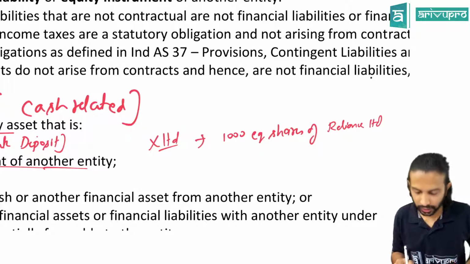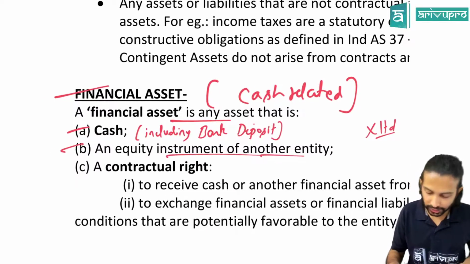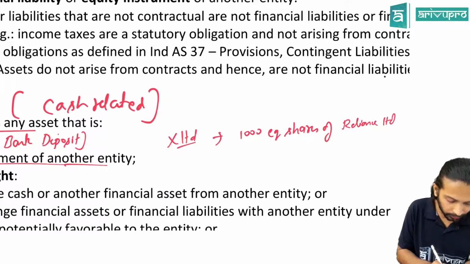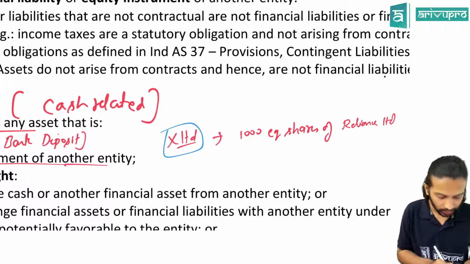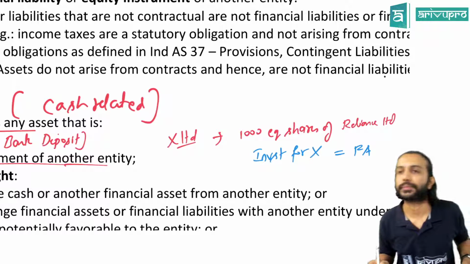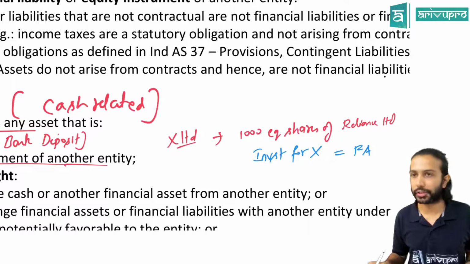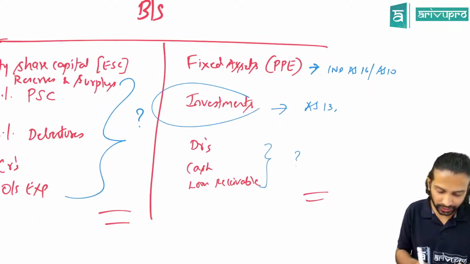What is the definition saying? Equity instruments of another entity. Which is the entity we are talking about now? X Limited. They have equity shares of another entity. Correct or no? That means this investment for X will be treated as financial asset because it is specifically included in the definition. Are we okay? Because here if you check the balance sheet, investments are already covered, yes or no?